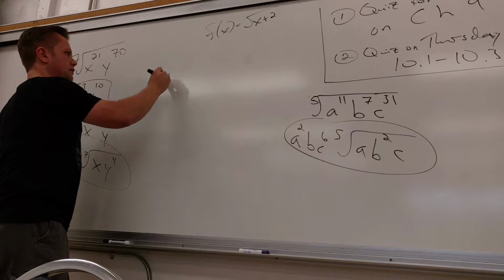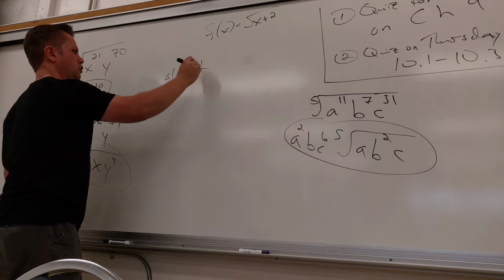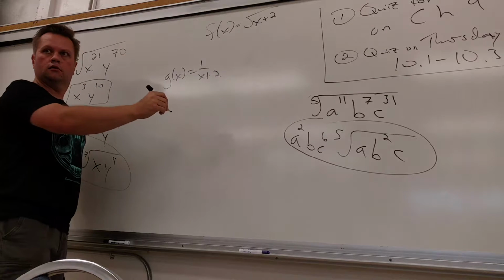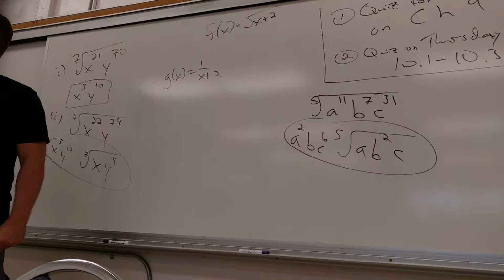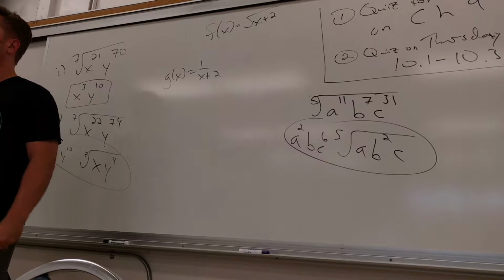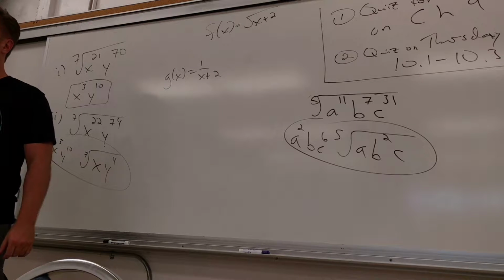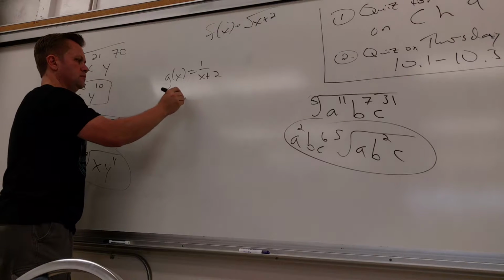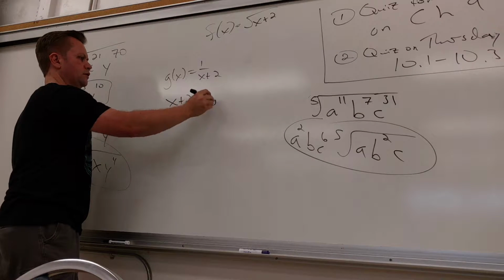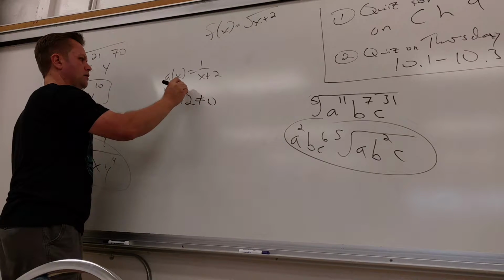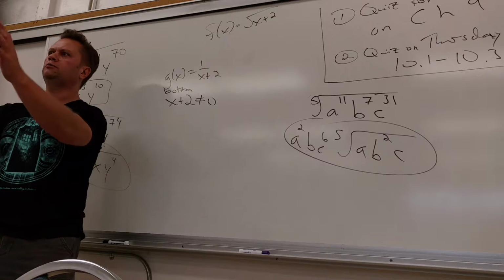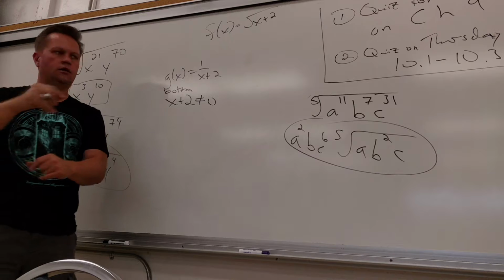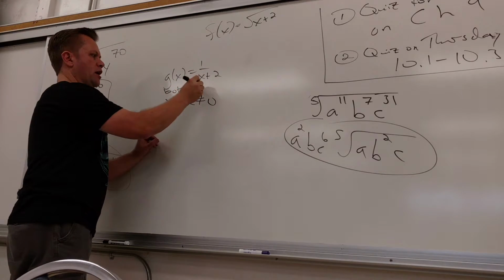So if it was this, how would I do the domain of this? What's the domain of this? x could be 0 all day long on this problem. Why? Because the bottom can't be 0. So in English, if I have a fractional function, a rational expression, if you want to be technical, what can't happen is the bottom can't be 0.